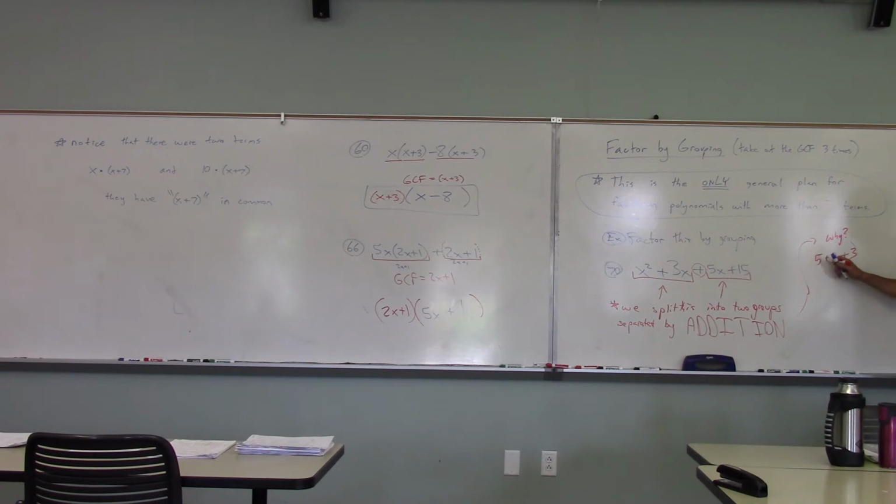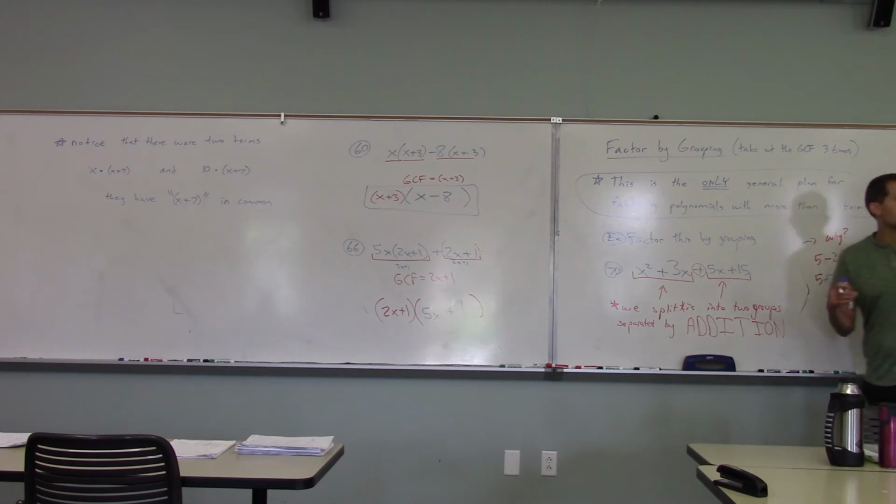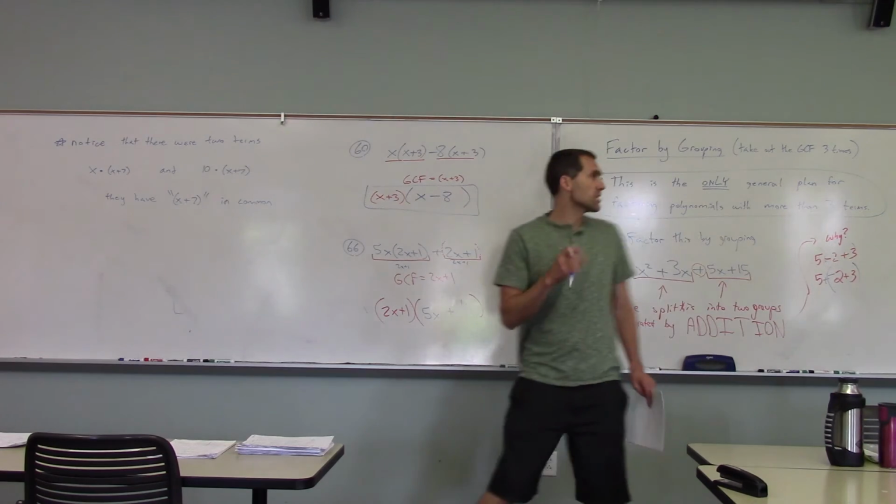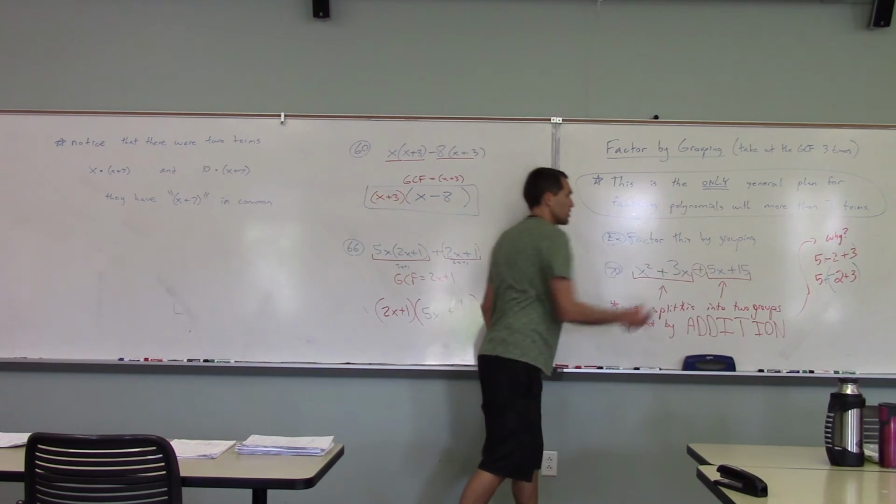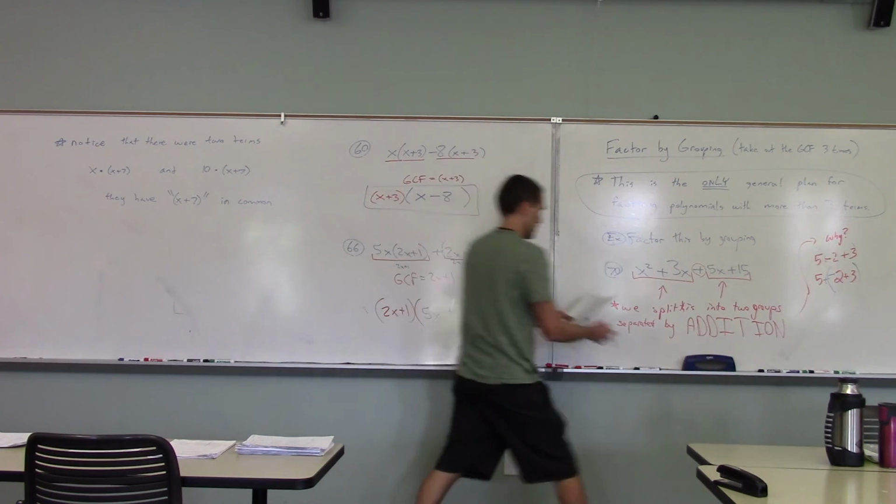So if you want to group this, the very first thing you do is you say this is 5 plus a negative 2 plus 3. And then you can say, okay, now I can group it 5 plus, and then negatives inside. That's totally okay, but never leave a negative in between your two groups. All right.